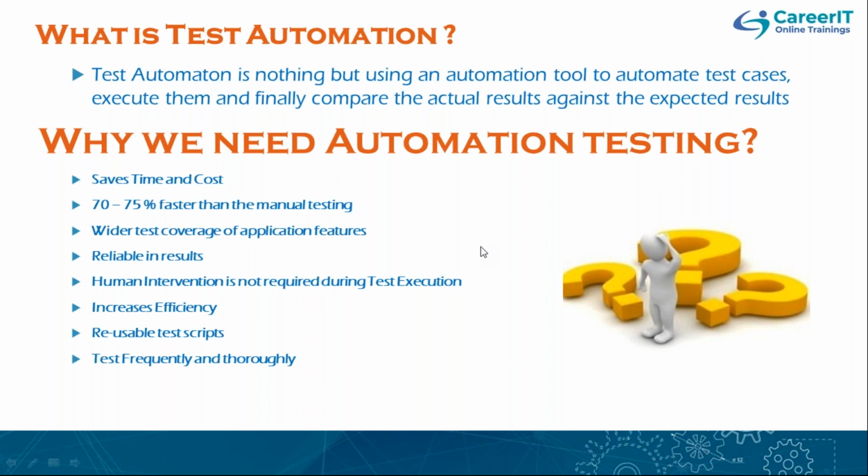And test frequently and thoroughly: you can run your automation test cases at any point of time and any number of times, guys. You can test your application frequently. Suppose in a day you can run your automation script five or six times, but with manual test cases, you need manual resources to execute those test cases again, right?